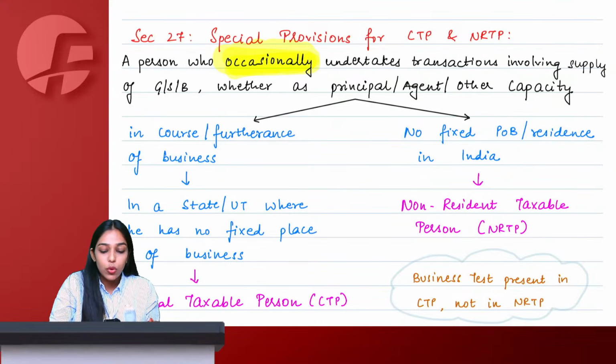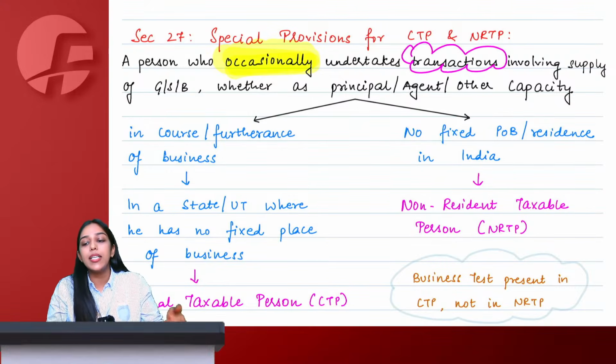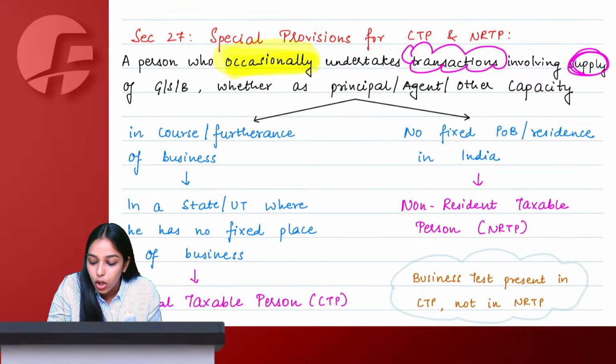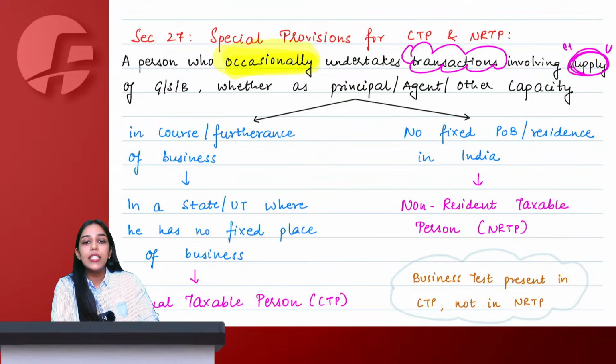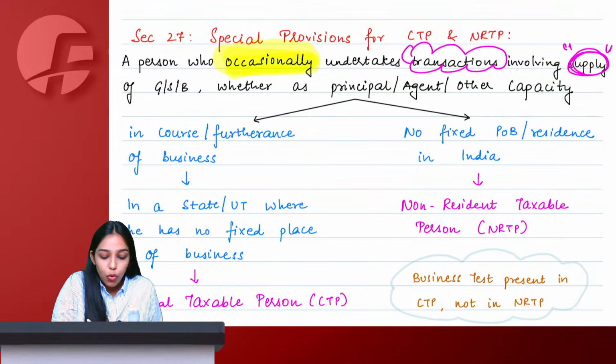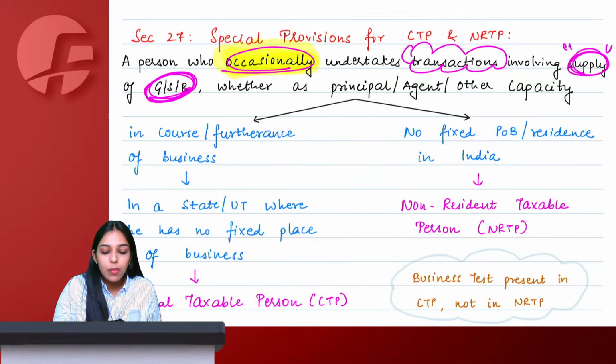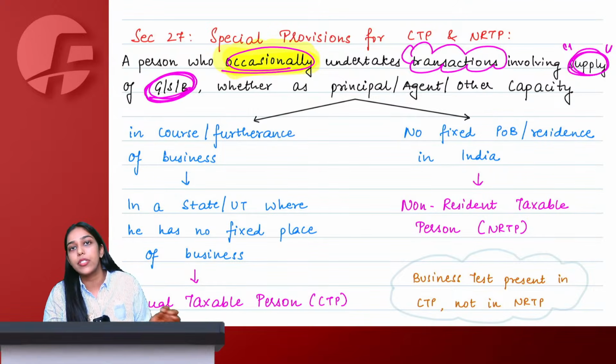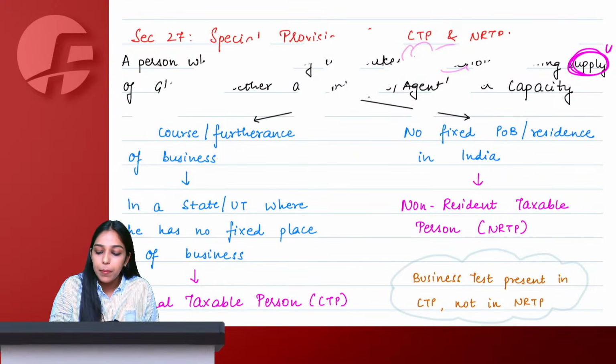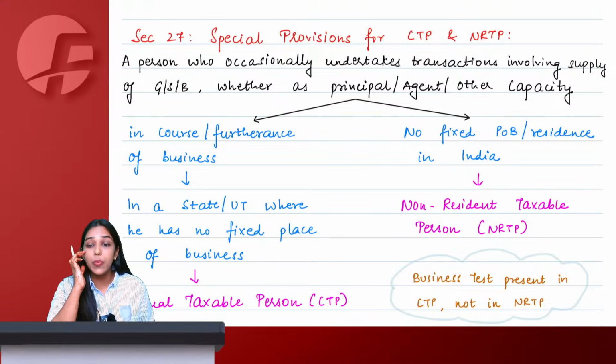If you are coming to undertake transactions involving supply, supply of goods, services, or both, that too occasionally, then you will be known as a casual taxable person or non-resident taxable person. So the definition is very simple.